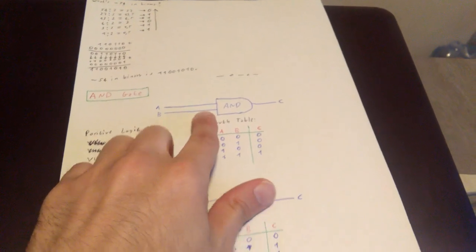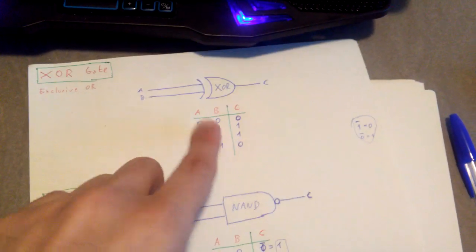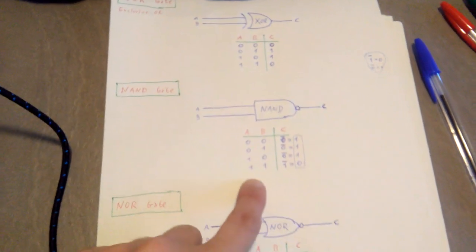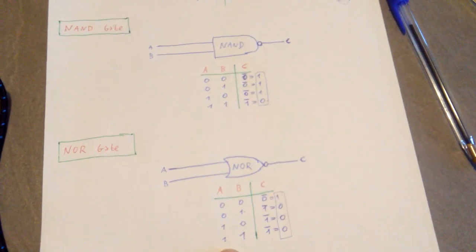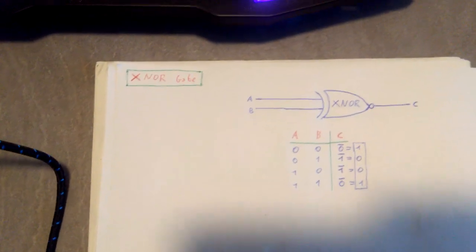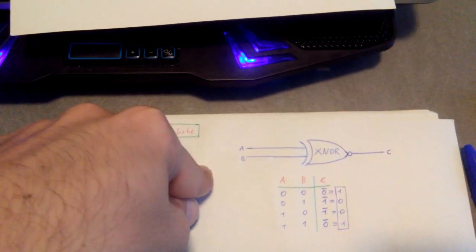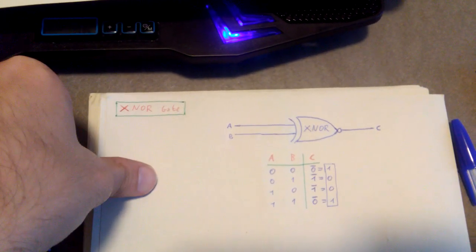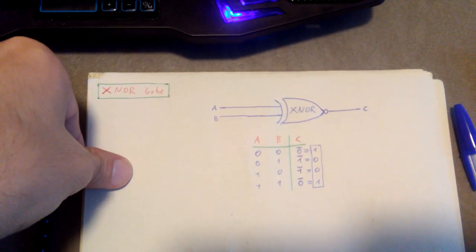So yeah, this is pretty much it. With those gates that I just drew here, so the AND gate, OR gate, XOR gate, NAND gate, NOR gate, and XNOR gate, we can design our circuits and make many things.